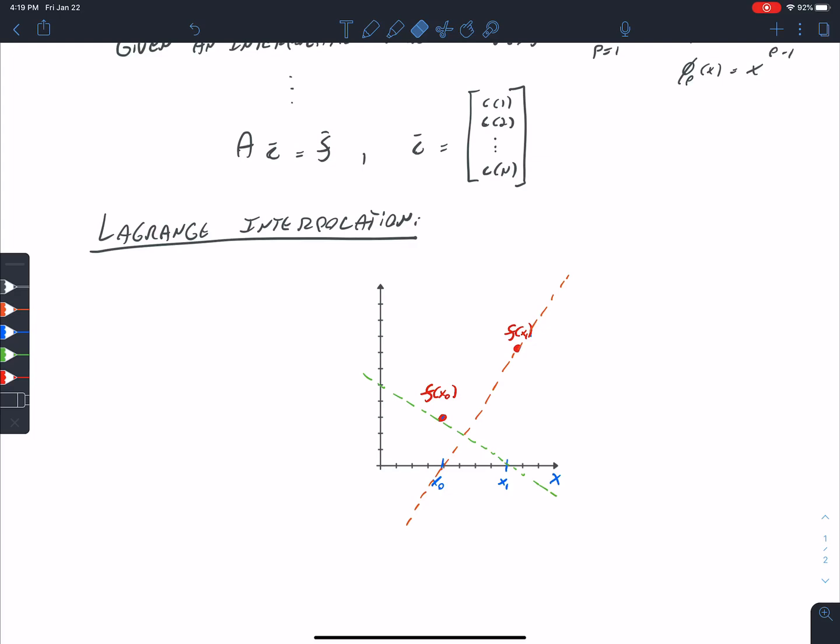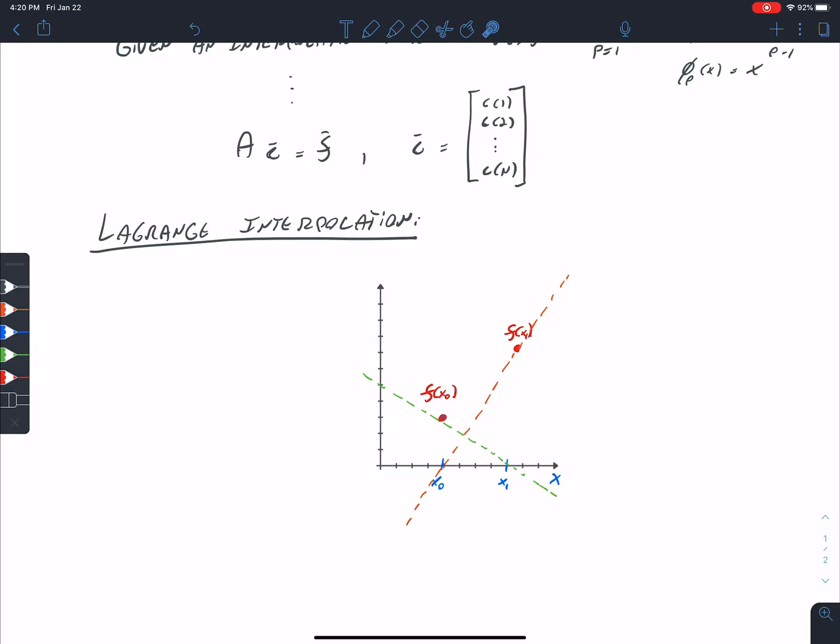Let's first find the line that passes through the data f at x0, but the line will also be 0 at x1, right? So let's first find this line, and then conversely, let's find a similar line that passes through f at x1, but it's 0 at x0.